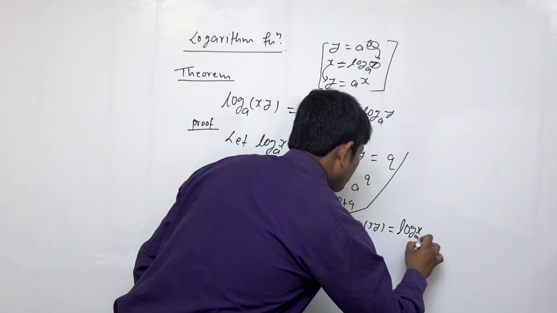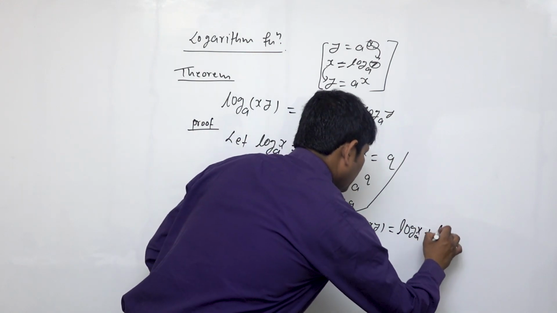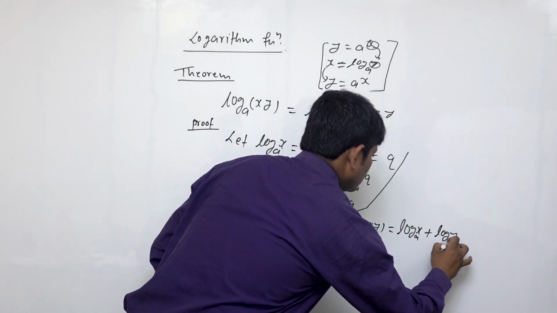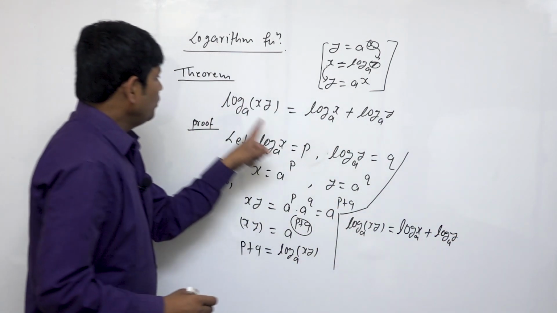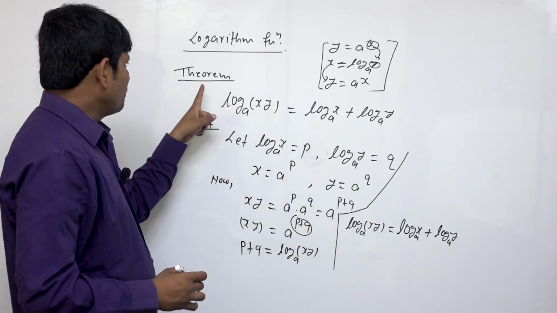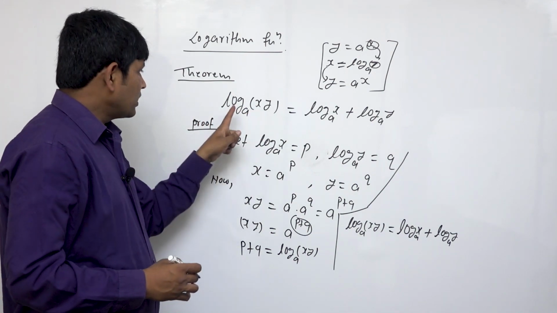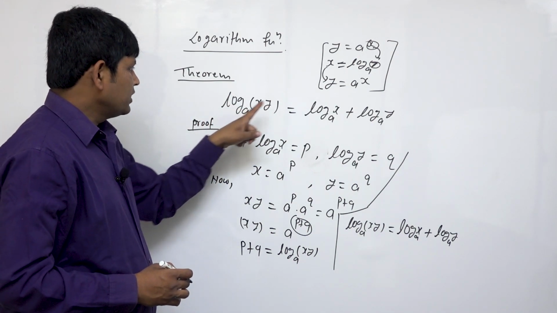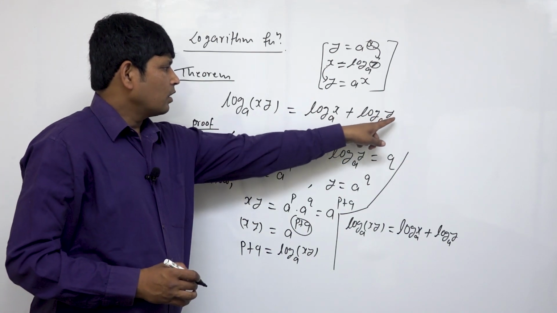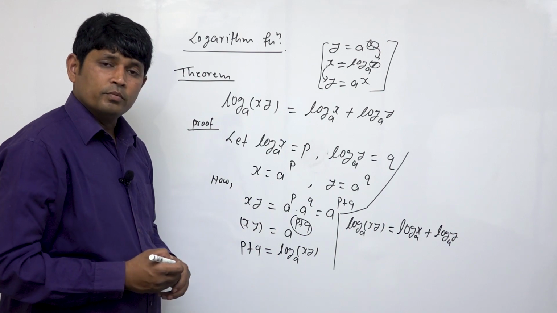Plus, what is q? Log of y to the base a. So this way we proved one property, that is called the product law: log xy to the base a is equal to log of x to the base a plus log of y to the base a.